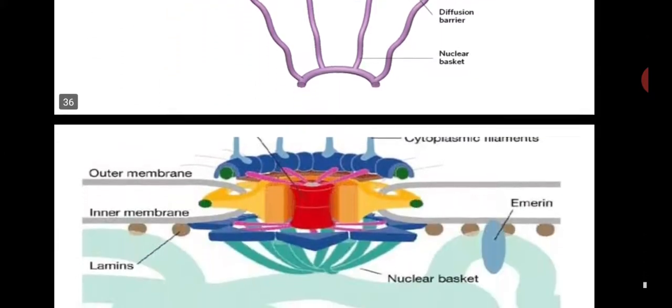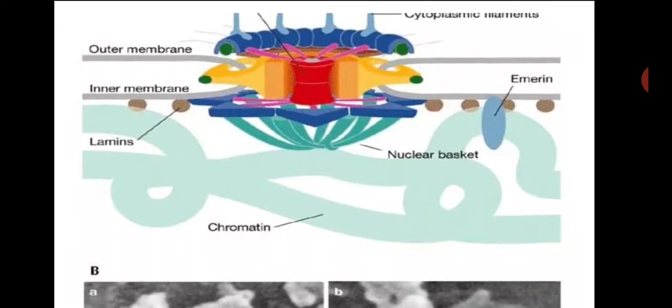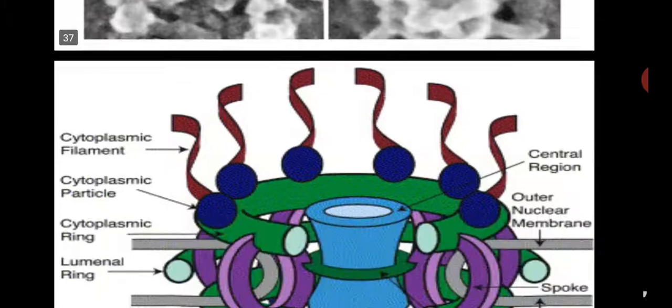And lamins, which are chromatin binding sites at the inner membrane of the nuclear envelope, I told you.